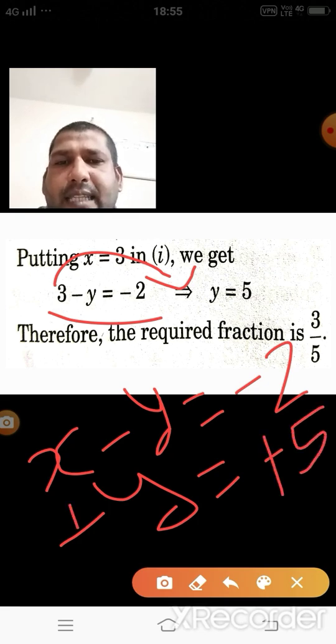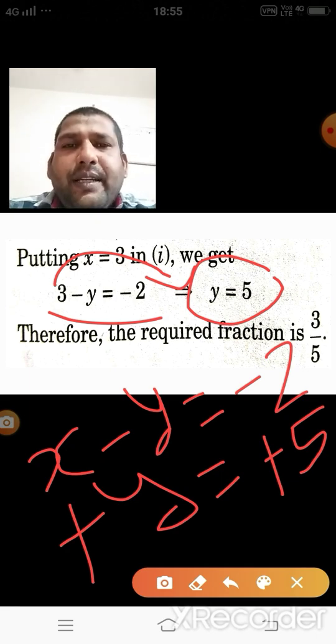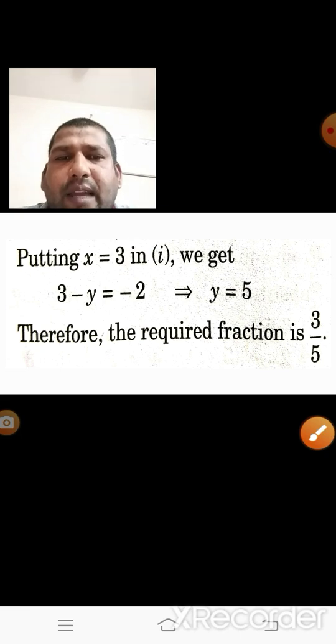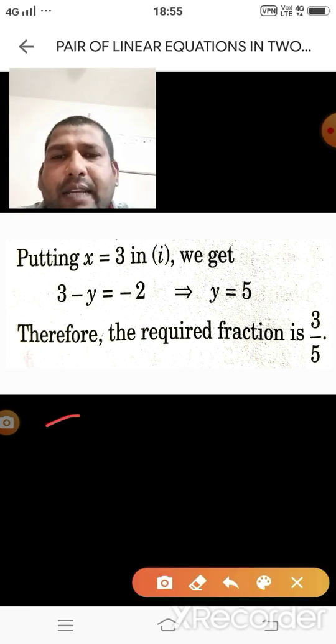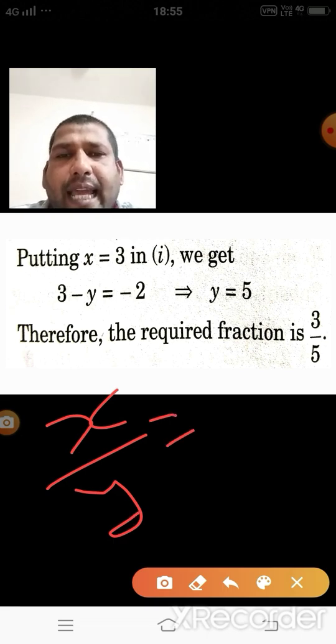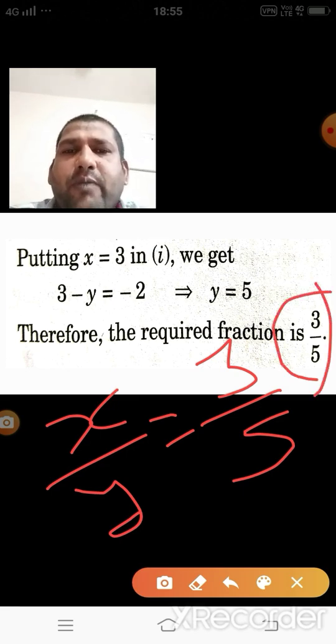Minus cancels out, and we get the value of y as 5. The value of x is 3 and the value of y is 5, and the fraction is x upon y. Putting the values, the required fraction is 3 upon 5.